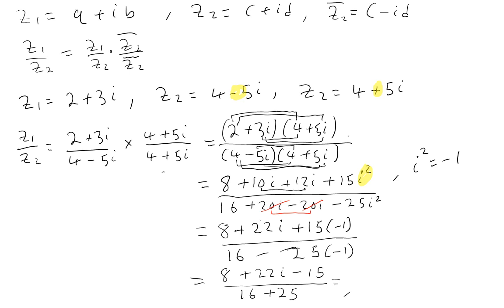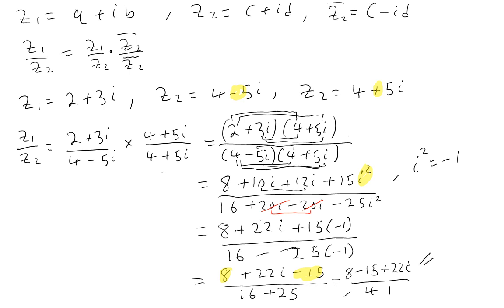And here I can add the real parts for this one, which are 8 and minus 15. And this will give us 8 minus 15 plus 22i over 16 plus 25, which will give us 41.